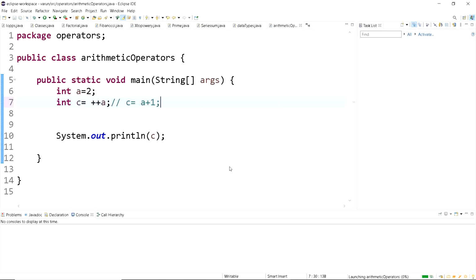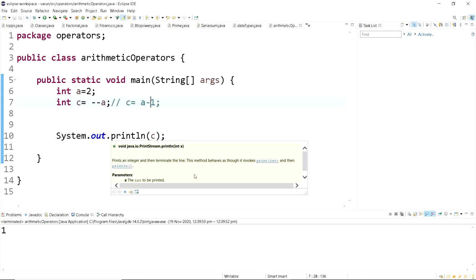Now let's see. It has printed out 3. Now the minus minus would do the reverse. It is going to subtract 1 from it. So it should actually do a minus 1, which is 1. So that is all about arithmetic operators.